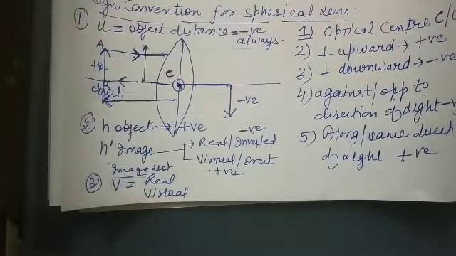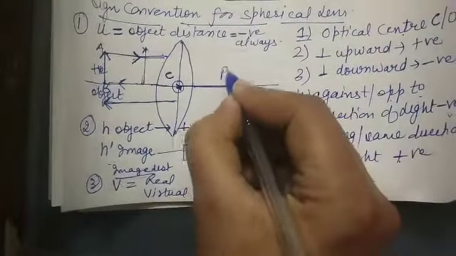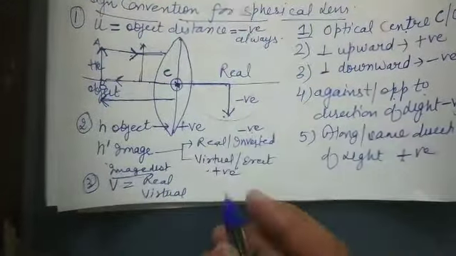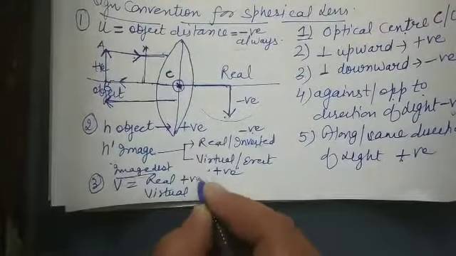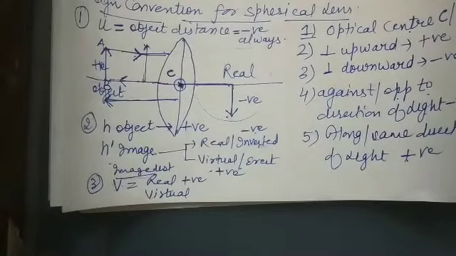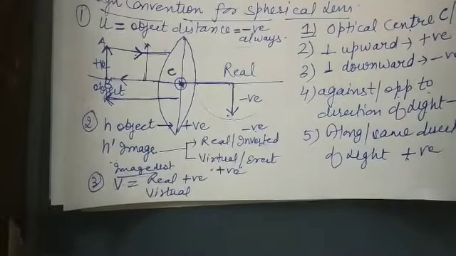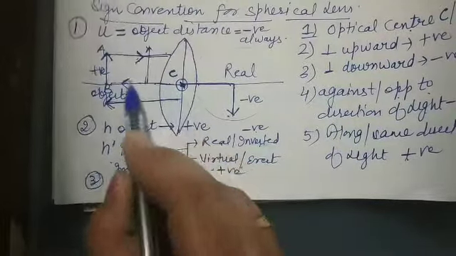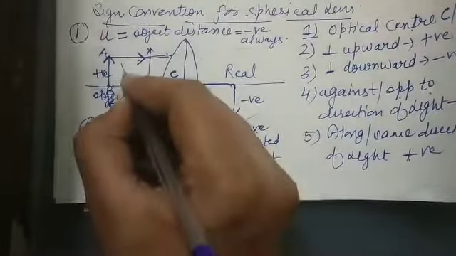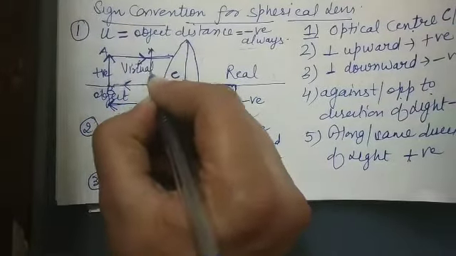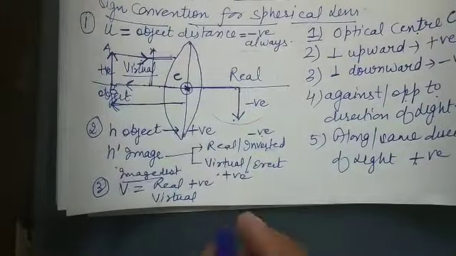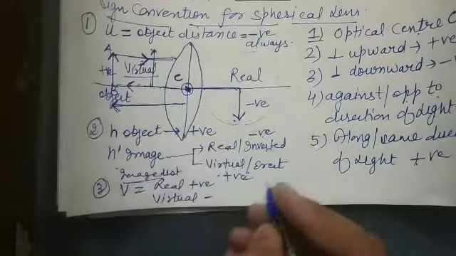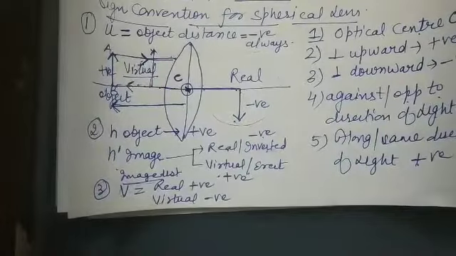When the image is real, a real image will form along the right hand side, along this side. So image distance will be positive. But when the image is virtual, virtual means not real, it will form along the same direction as the object. It means the virtual image is formed here. So for virtual, we have to start from C, moving in the opposite direction, so it will be negative.